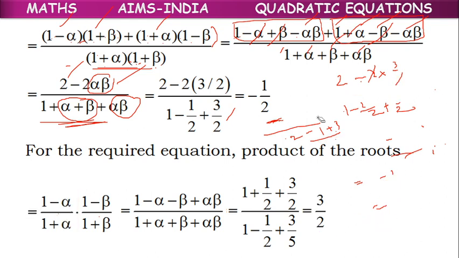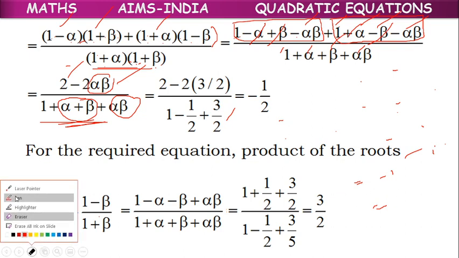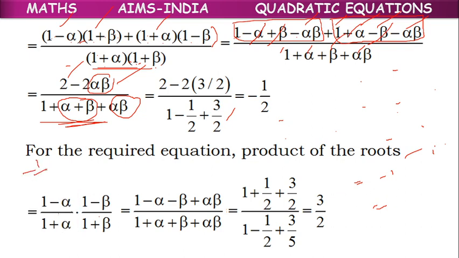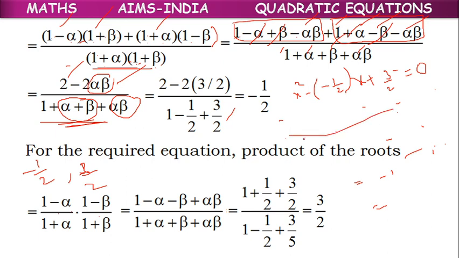So the sum of the roots is minus 1 by 2. The product of the roots is 3 by 2. Then what is the equation? x square minus (sum of the roots, minus 1 by 2) x plus product of the roots 3 by 2 equals 0. What is the LCM, children?